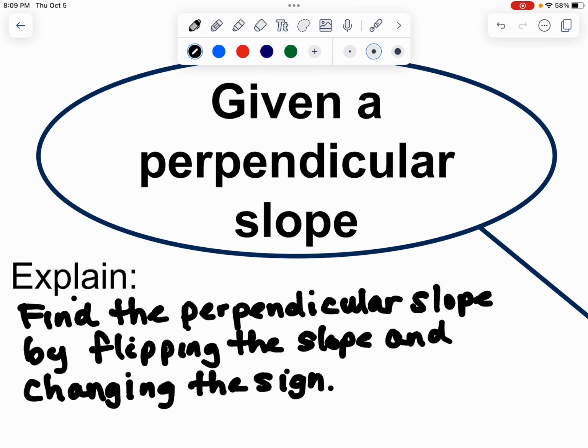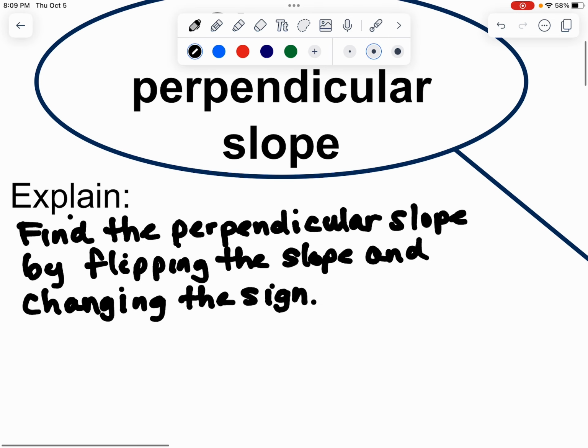Remember, perpendicular slopes are opposite reciprocals. So whatever the slope in the given equation is, we are going to take that slope, flip it, and change the sign, make it opposite.